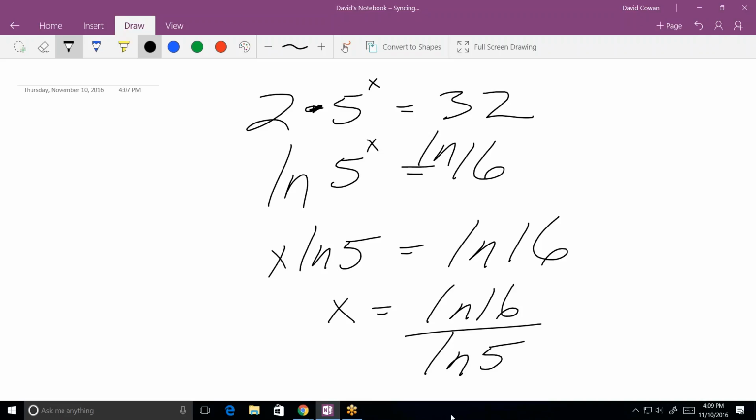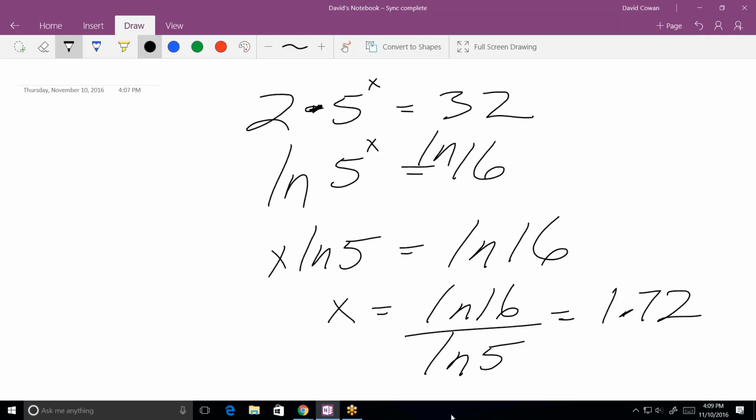So that becomes natural log of 16 divided by natural log of 5, and it is 1.722.